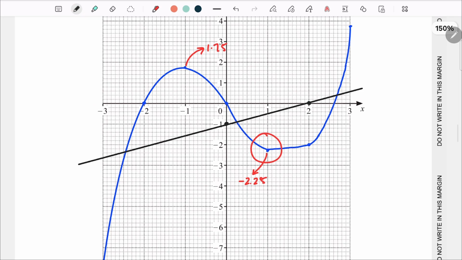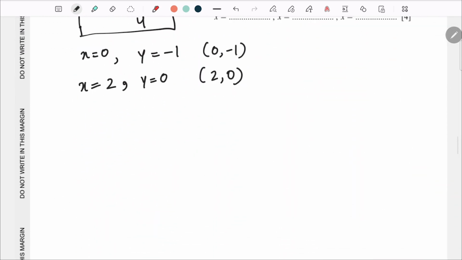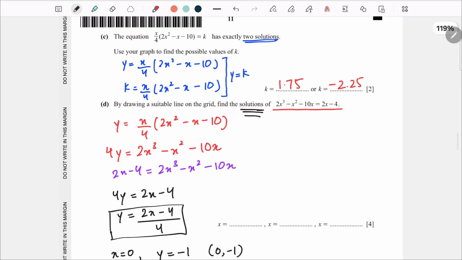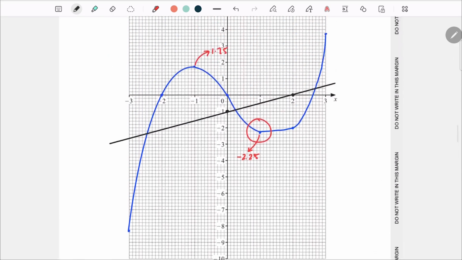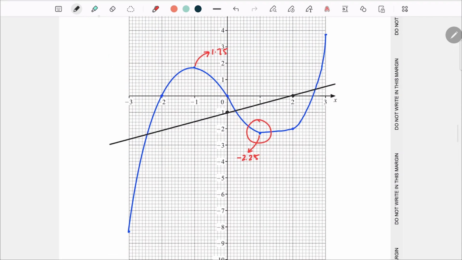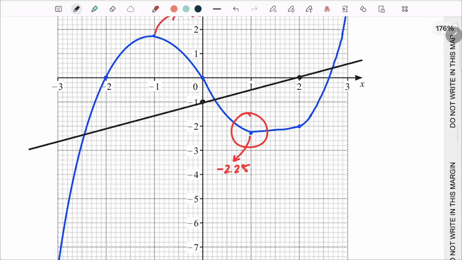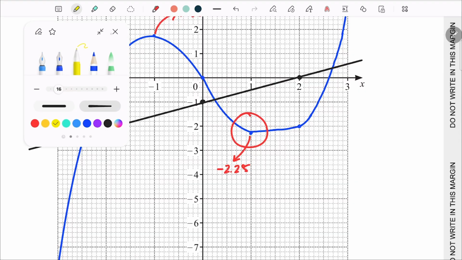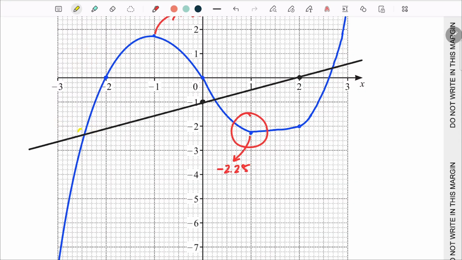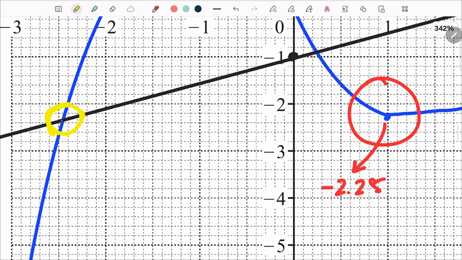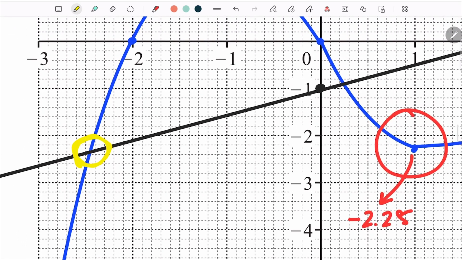So I've drawn this straight line, and now we have to find the solutions. I basically have to find the 3 points where the straight line is intersecting the graph. So I'm going to find the points where the black line is intersecting the blue curve. The first point is right here, and I have to find the value of x.